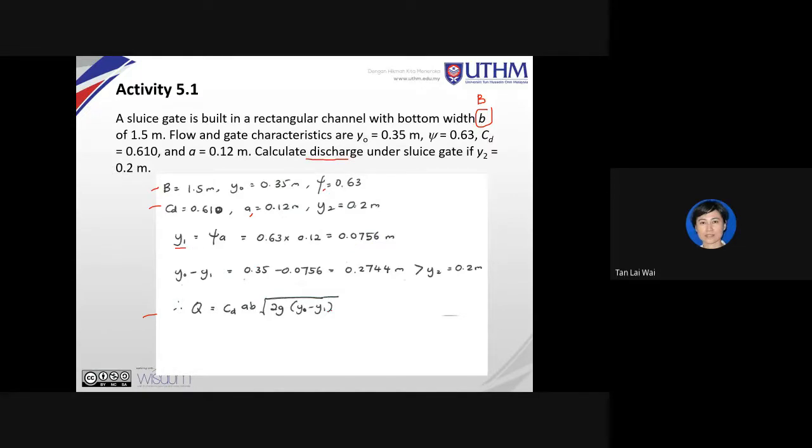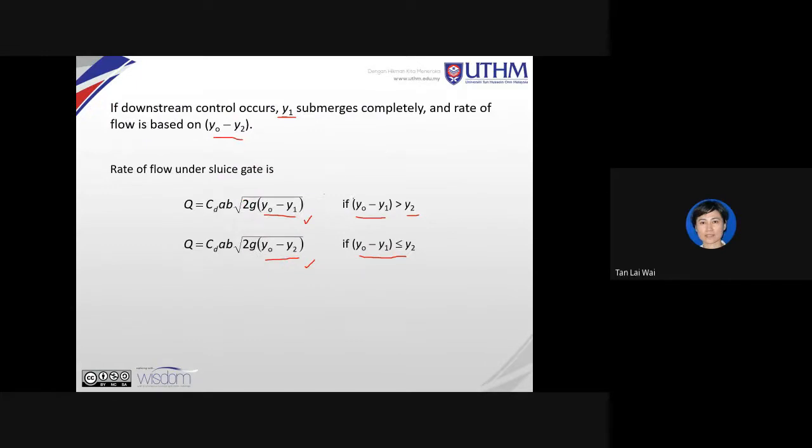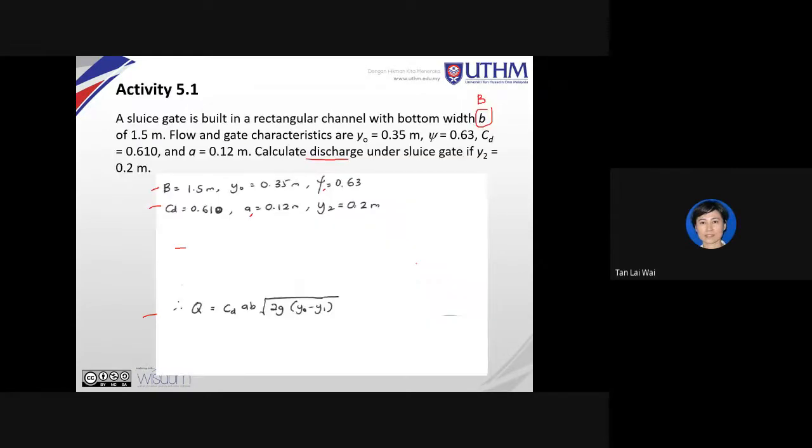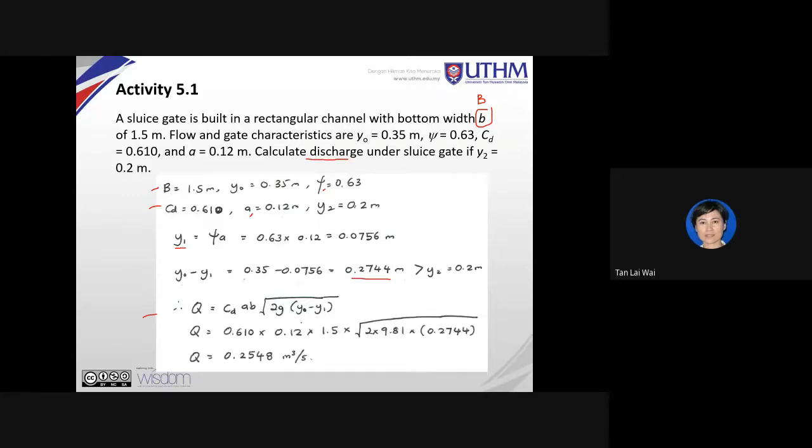Then, which formula do you want to use? Remember, you have to check whether y0 minus y1 is greater than y2 or less than or equal to y2. Y0 minus y1, since you have y1 already, is equal to 0.2744, which is greater than 0.2. So you can use the first equation, because this is not submerged. So Q equals CD times A B times square root of 2g (y0 minus y1). You just substitute them.